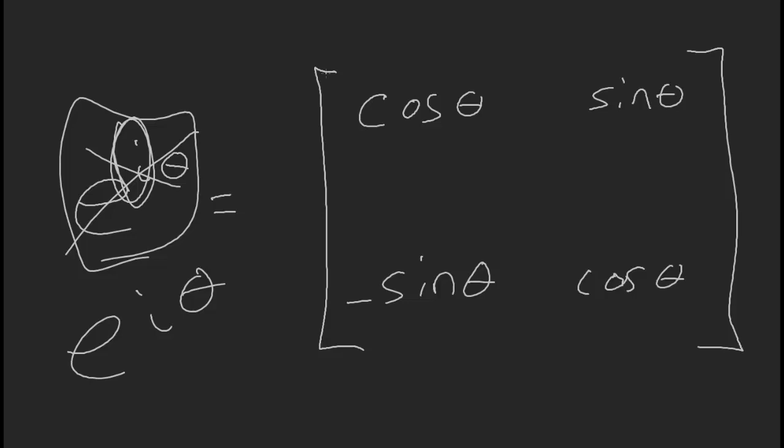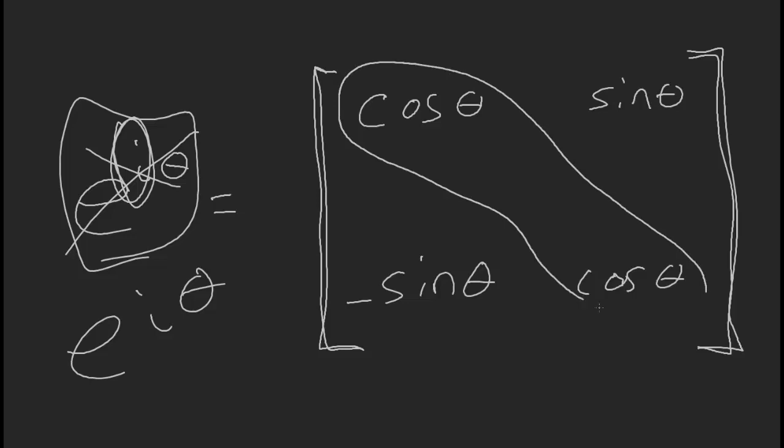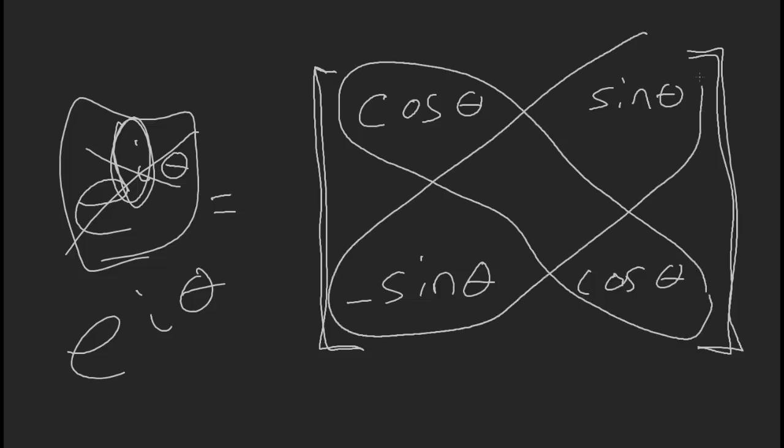I really like it. I think it is super easy to understand. You've got the real component on the forward diagonal. You have the imaginary component on the backward diagonal. Each component is calculable. Each component is going to evaluate to a floating point value.